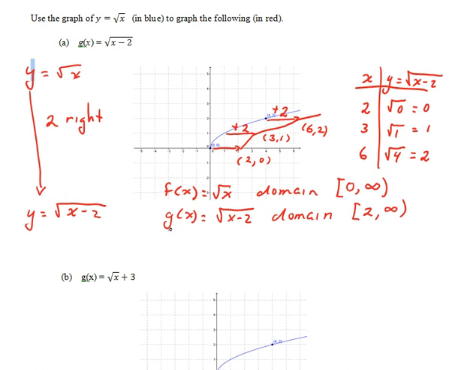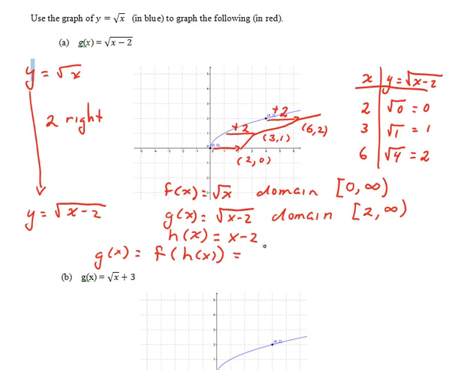This might remind you of some work that we've done with composition of functions. Note, if I add the function h of x equals x minus 2, then you can see that g of x is the same as f of h of x.